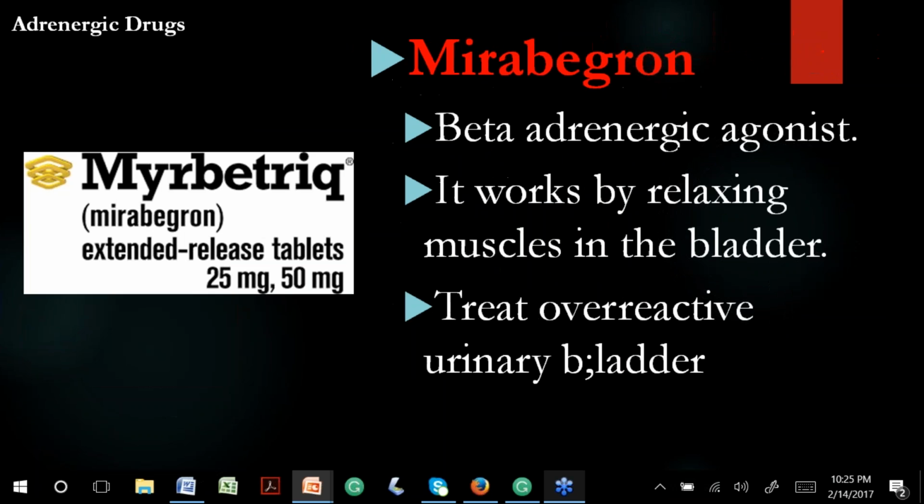All right, so here's one of the drugs, mirabegron. It's a beta adrenergic agonist. It works by relaxing the muscle of the urinary bladder. Besides that, betas can produce some muscle relaxation.